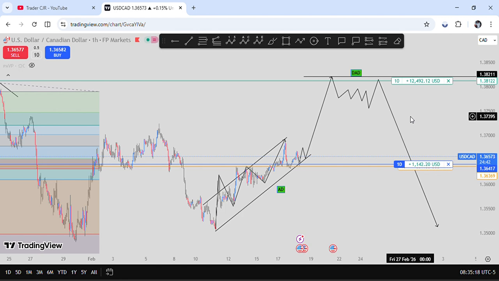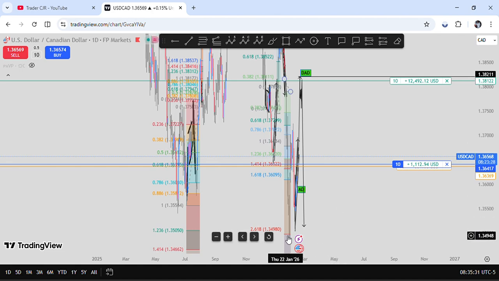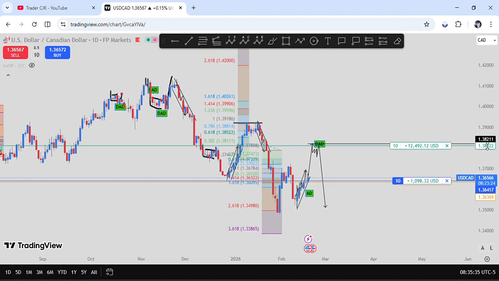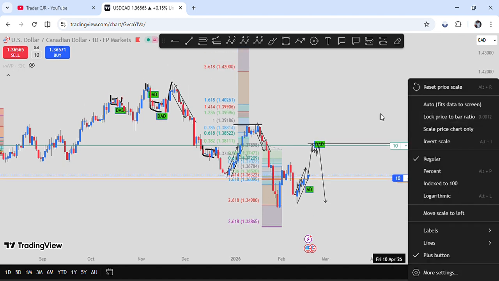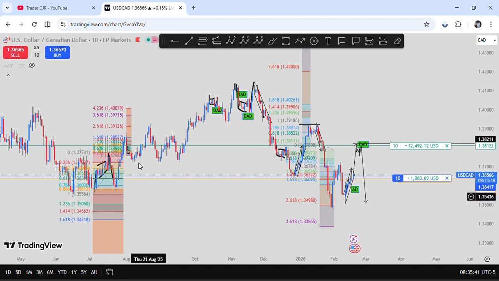So let's start with the dollar CAD. On the dollar CAD, let me go to the daily time frame and we start our top-down analysis on the daily. Okay, as we can see on the dollar CAD daily time frame, you can see that we are ranging. Overall price is in a range.